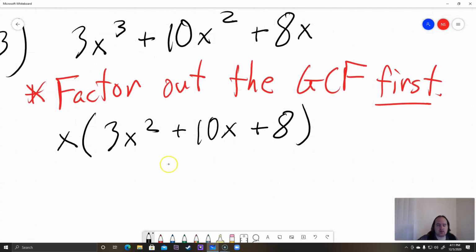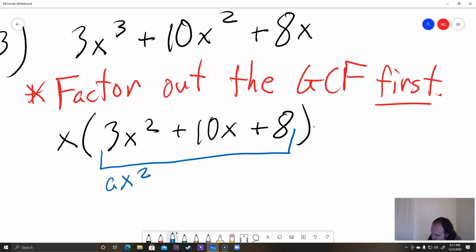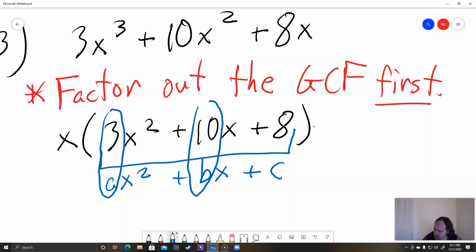The reason is this part here, this whole business right here, is in the form ax squared plus bx plus c. So we can go ahead and factor that using the x method and grouping, just like the other problems. Okay, so here we can see a is 3, we see b is 10, and c is 8.